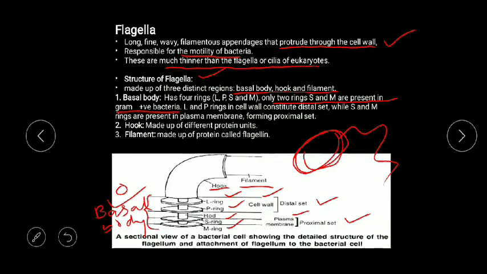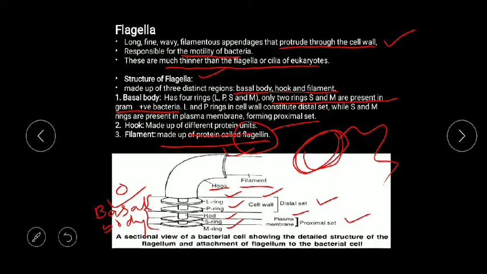Gram positive are the purple or bluish bacteria which stain with crystal violet, and they have only S and M rings, meaning the L and P rings present in the cell wall are absent in gram positive bacteria, while the S and M rings are present in the plasma membrane, forming the proximal set.